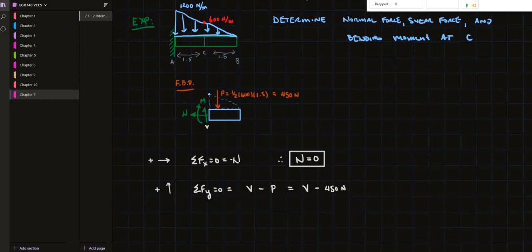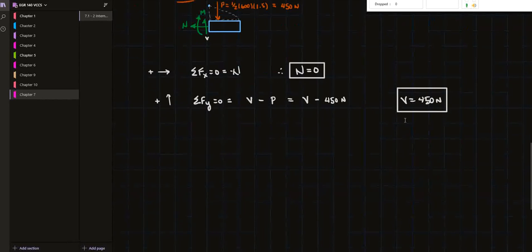So therefore, V just equals 450 newtons. And finally, let's sum moments about the cut. And as usual, we'll call this our positive direction.